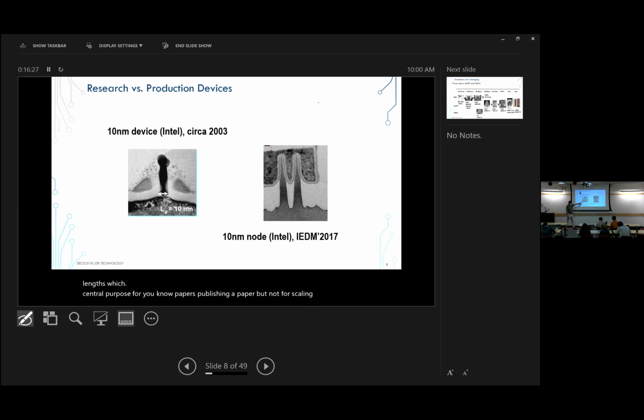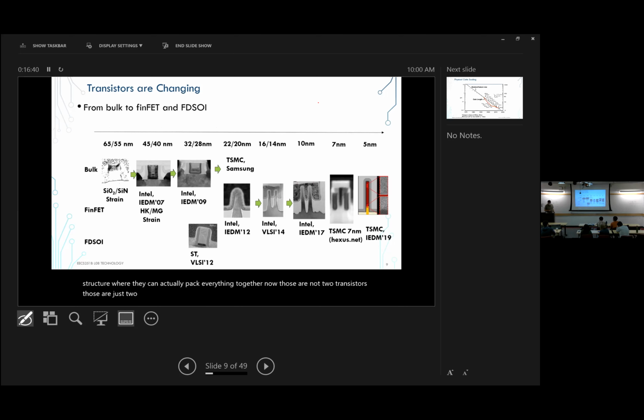As we all know, in order to really get to this value, you have to switch over to a FinFET structure where you can actually pack everything together. Now, those are not two transistors; those are just two fins, and we are going to see some of the implications of that later.